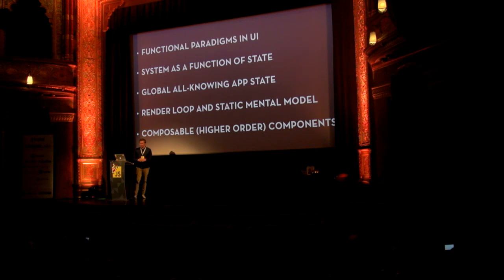So we can see by thinking of our system as a function of state, where we have the global structure at the top, a global immutable structure to avoid shared mutable state, and using a render loop to achieve a static mental model, much like we had with good old HTML. But instead of static HTML, we still have the power and flexibility of programming. So it's merging the two worlds.